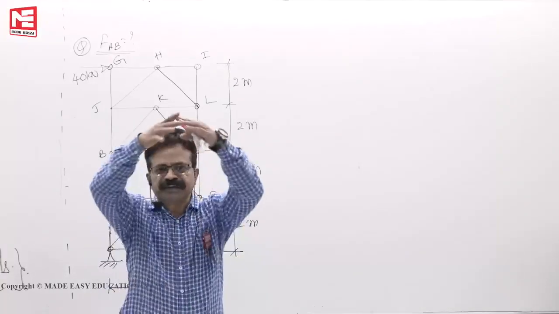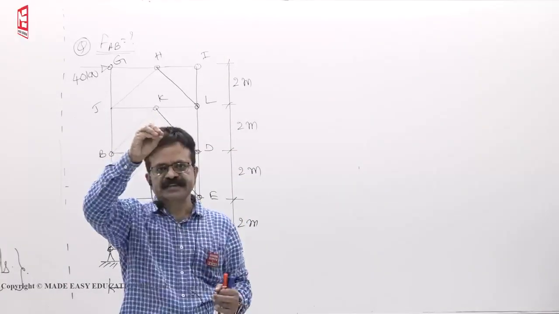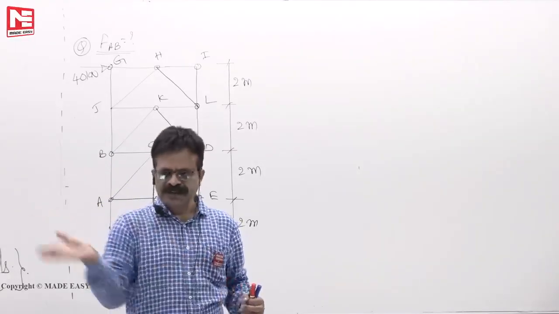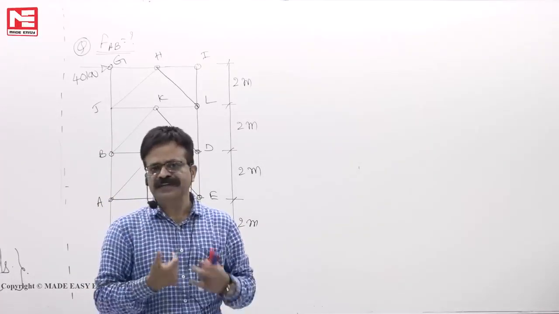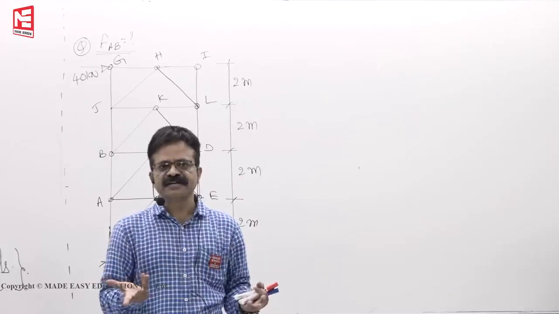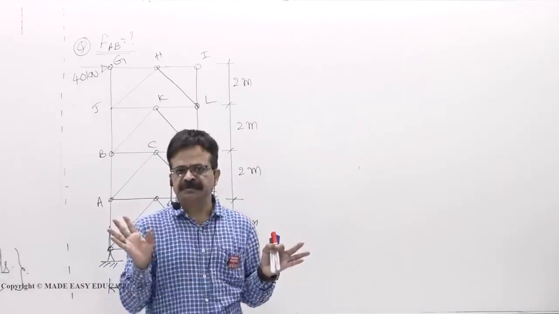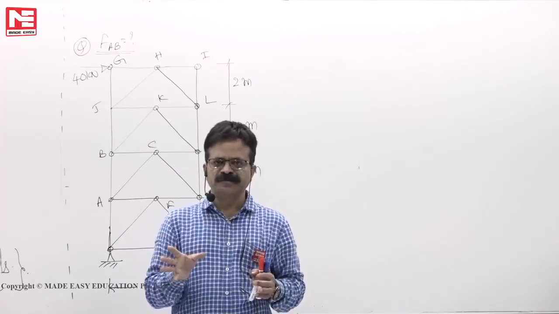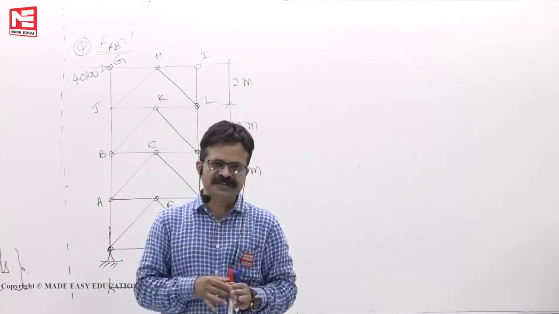Even if 10 members are meeting at one point, and the 11th member is not meeting at that point and you want to find the 11th member, you take moments about that point, and the 10 members will give 0 moment. Headache is gone. Finally, we want to get out of the problem in 30 seconds. If all unwanted members meet at one point, all headache is gone at once.